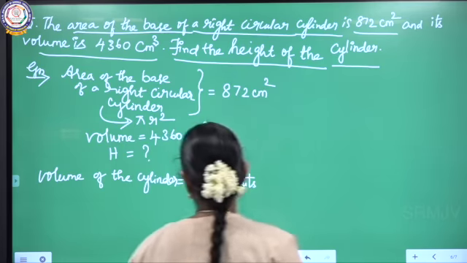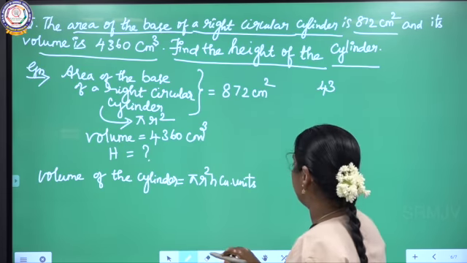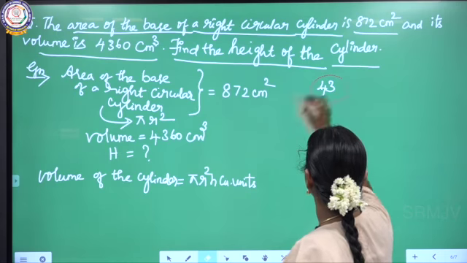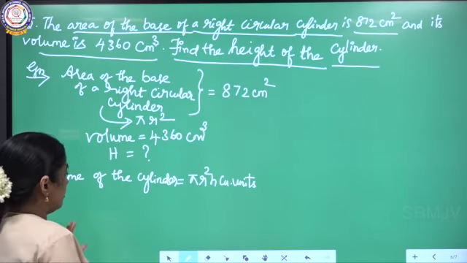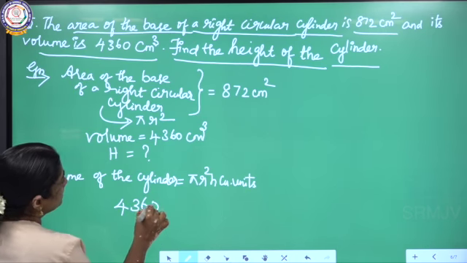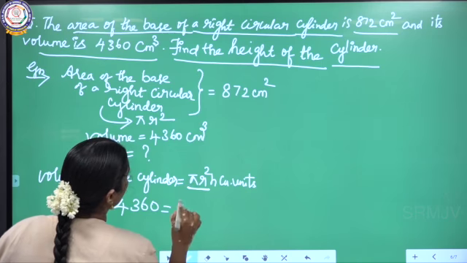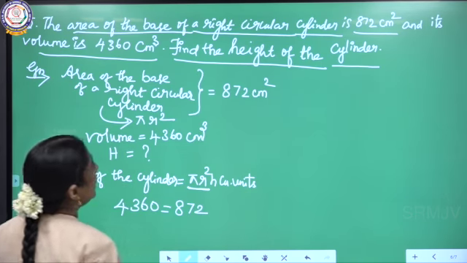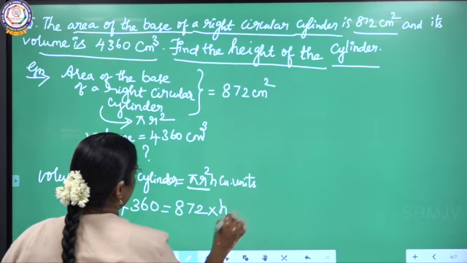Now listen, volume of the cylinder is what? 4, I can write here itself, because when I am cancelling I want a space. So for that I will write here itself. Volume of a cylinder is what? 4360. Instead of this pi r square I am going to write 872 into height.